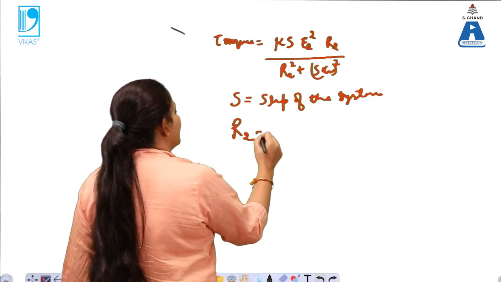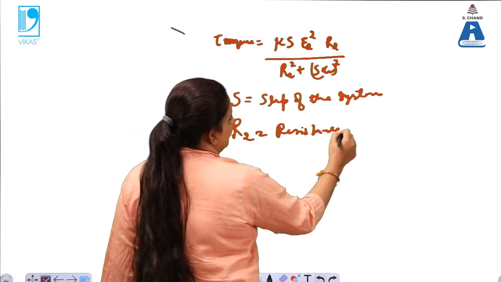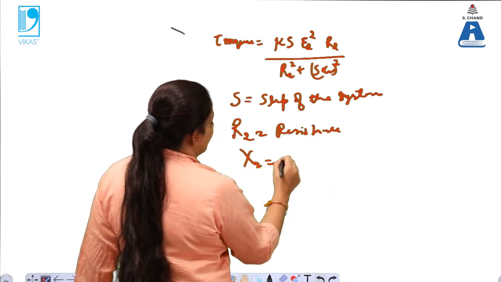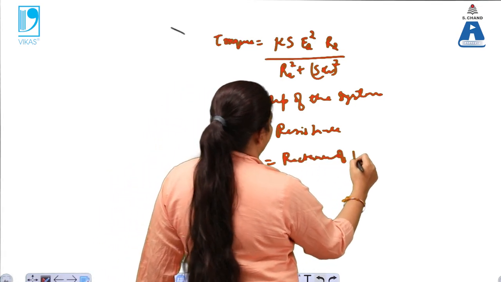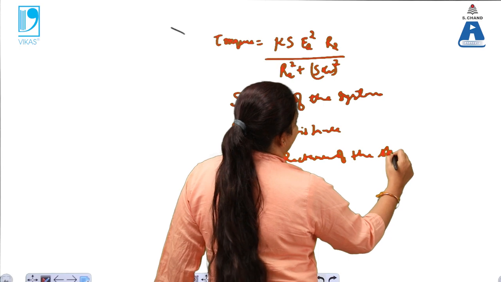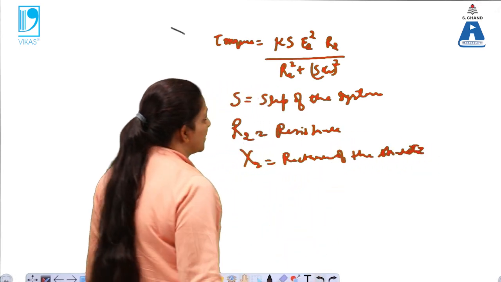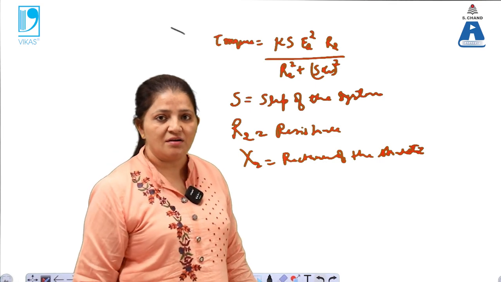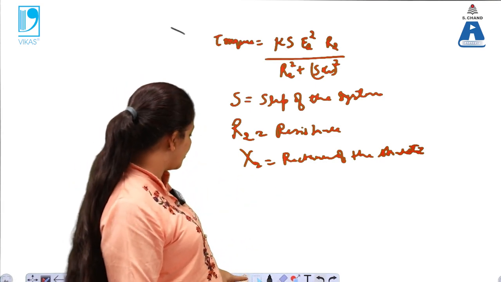R2 is the resistance at standstill. X2 is the reactance at standstill, and E2 is the EMF which is generated in the induction motor. Now this is the torque of the induction motor.